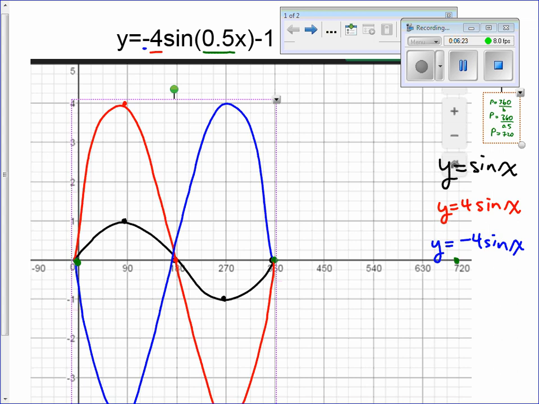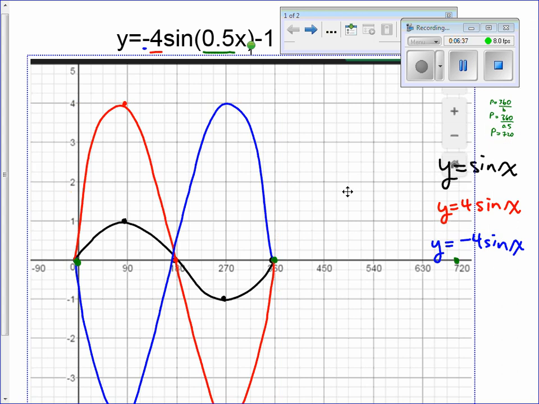So the 0 stays at 0, but the 180 goes to 360, and this 360 goes to 720. Now for the blue, 270 now goes up to 540. Or if you think about it, the max is going to exist somewhere between 720 and 360. So it's going to be in the middle at 540.